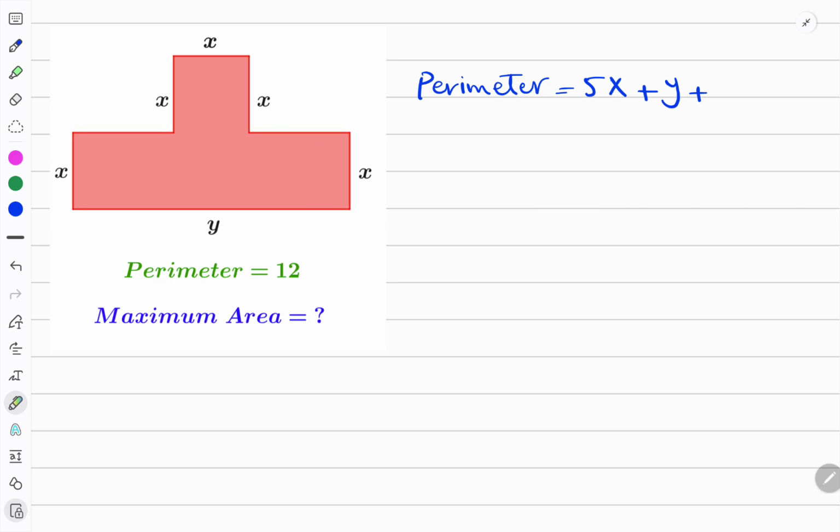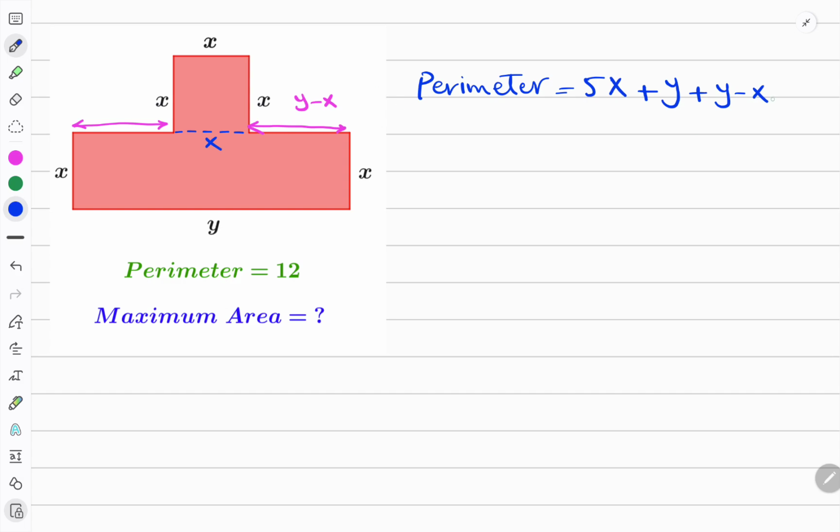We don't know exactly the value of these two sides, but we know that the length of this side is y, and the length of this side is x as well. So we just need to subtract x from y to find the sum of the length of these two sides. So the sum of that is y minus x.